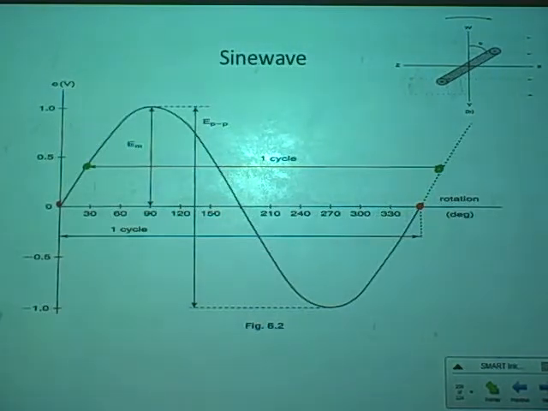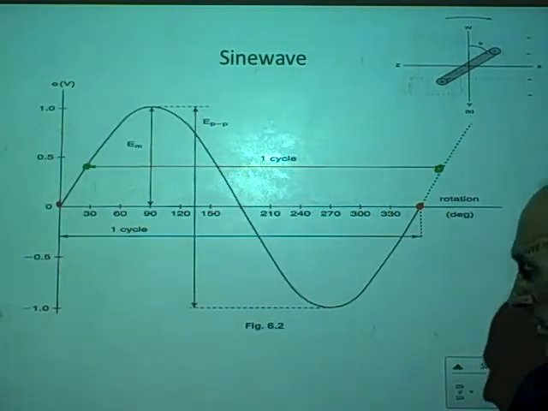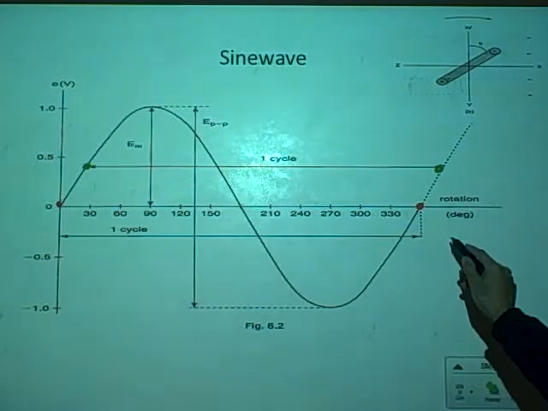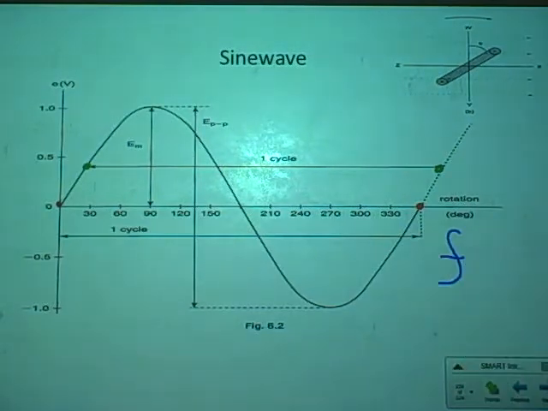Okay, super. If Rob said the number of cycles generated in 1 second, or per second, is termed the frequency, he's right. In other words, we can represent that by the symbol F, standing for frequency. Super.